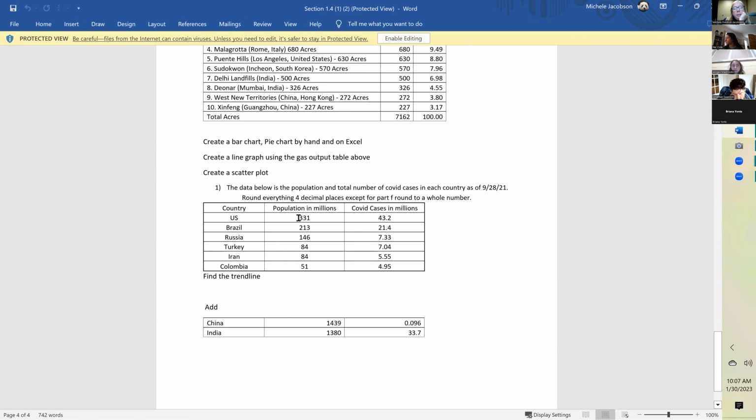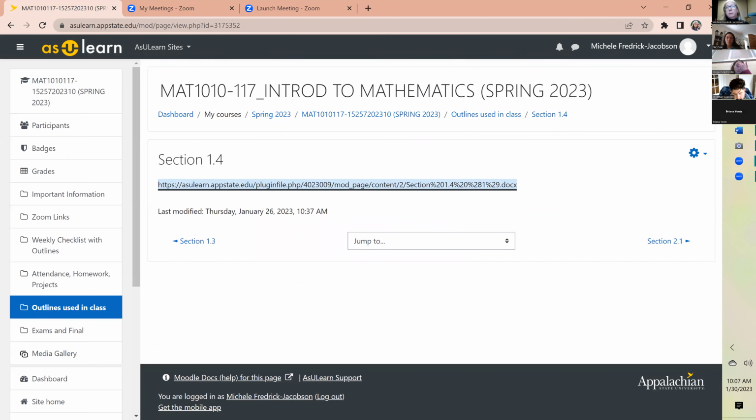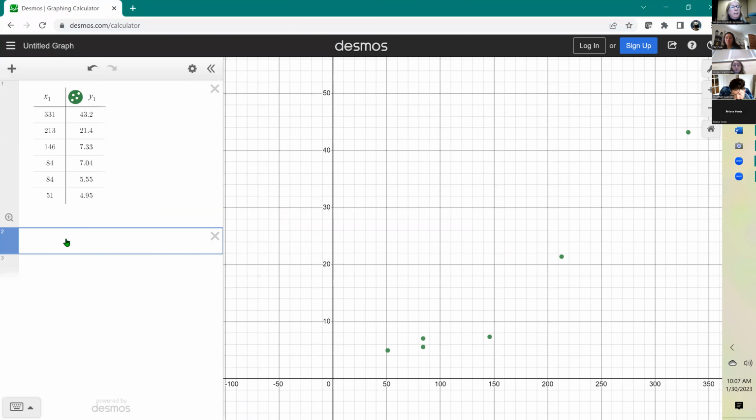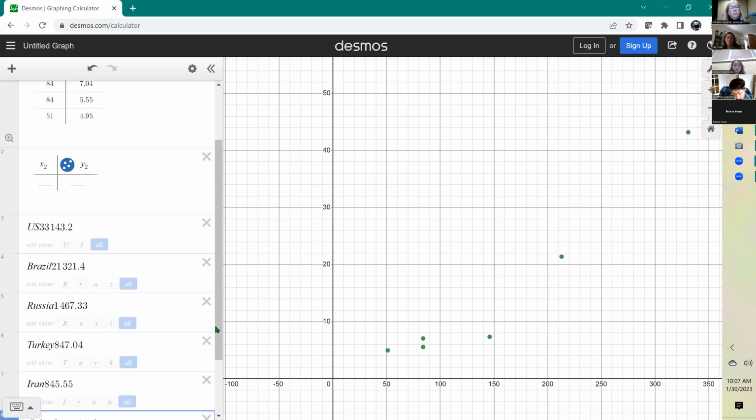So I just copy, Control C. And then I'm going to do a separate one, and then right here, Control V. Oh, it didn't do it.